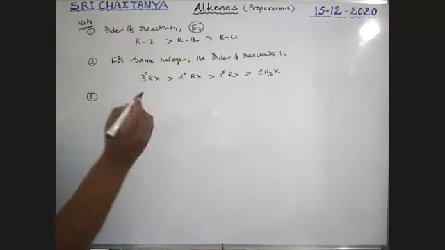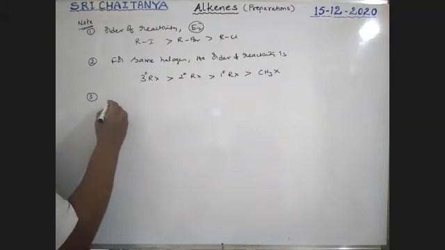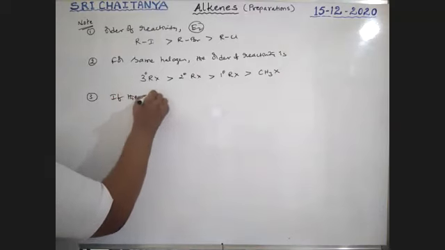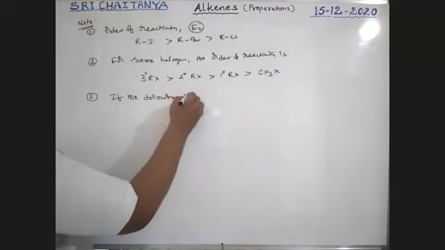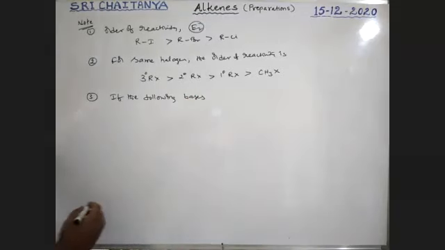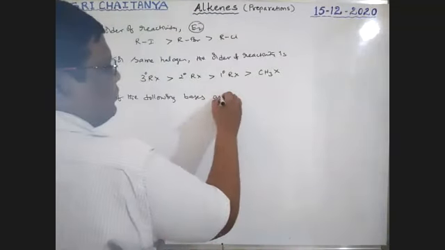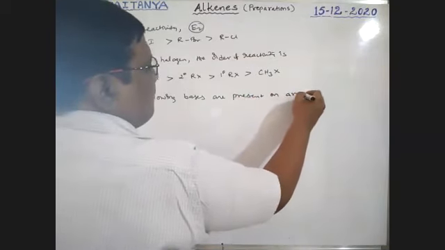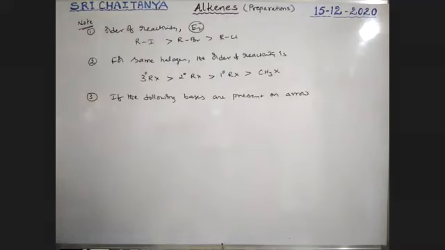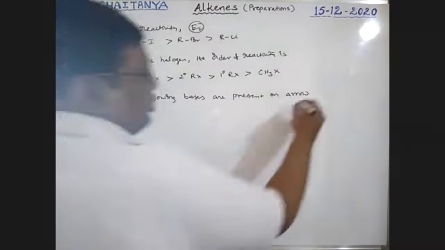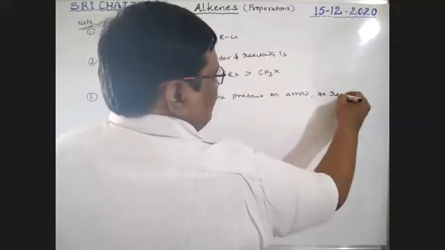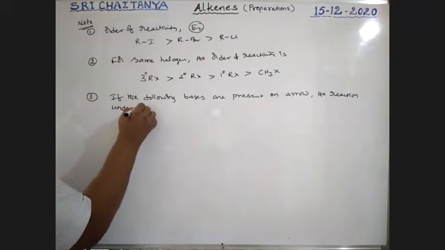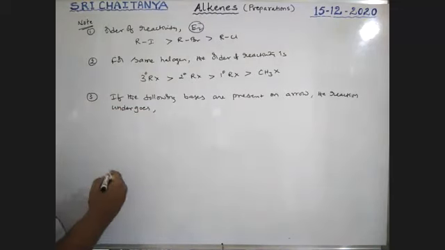If the following bases are present on the arrow, the reaction undergoes E2 elimination.